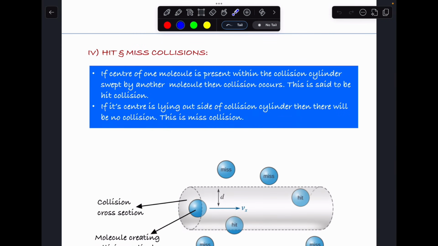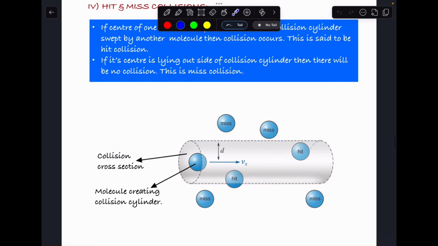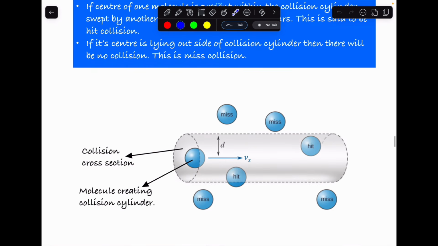Now let us discuss hit and miss collisions. In order to understand hit and miss collisions, let us take this gas molecule moving in this direction, creating a collision cylinder like this. And these are the surrounding molecules.